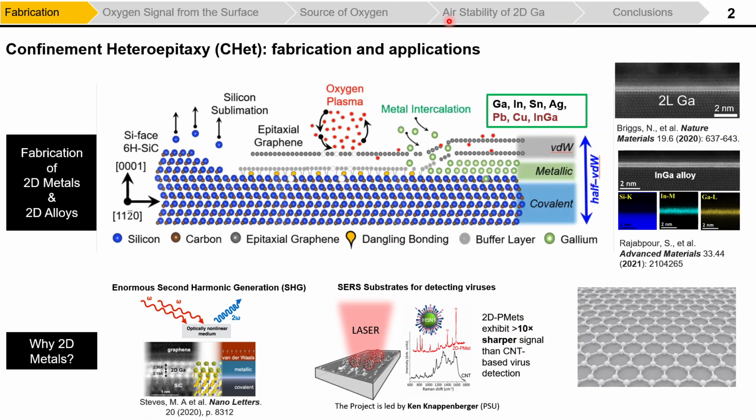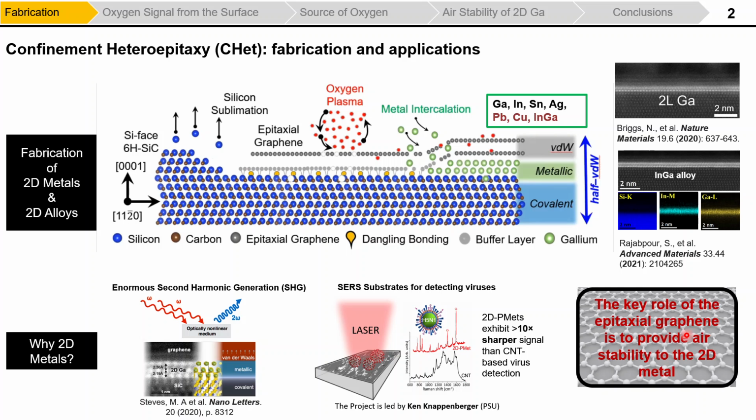To employ this material in applications, the 2D metal should be air stable, meaning not oxidized in air. For this purpose, we believe that the graphene plays the key role in the air stability of these 2D metals.